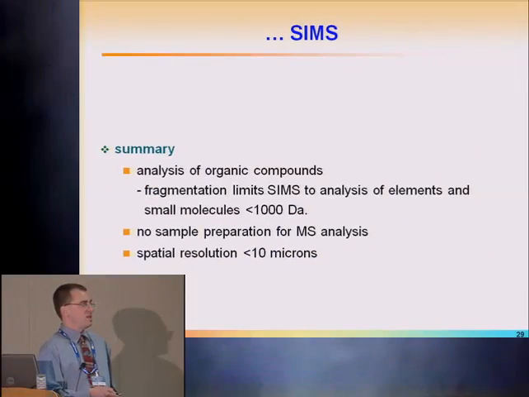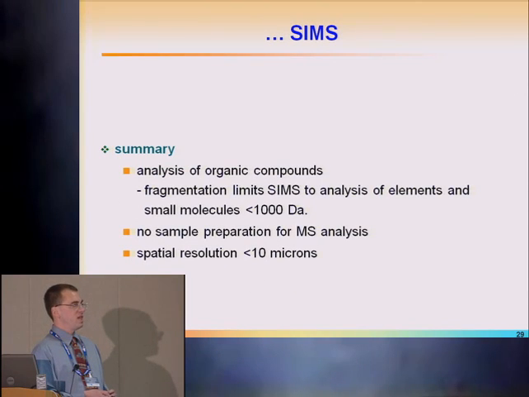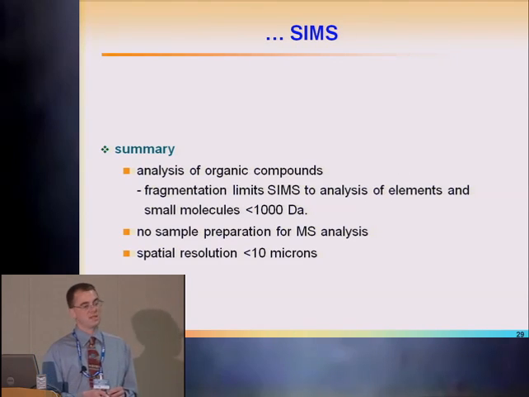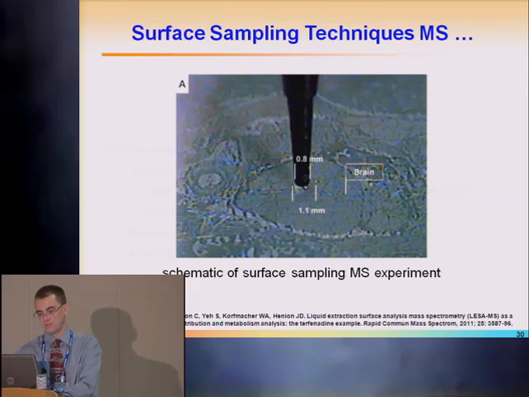It's used for the analysis of compounds. There is some fragmentation observed with SIMS, so it's more limited to the analysis of elements and smaller molecules. Again, there is no sample preparation for mass spec analysis, and the spatial resolution is less than 10 microns.